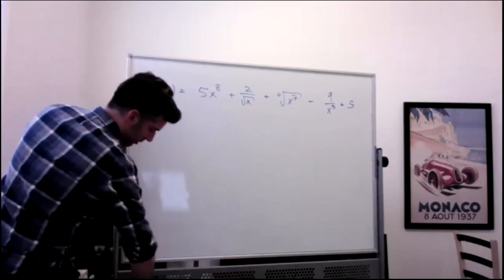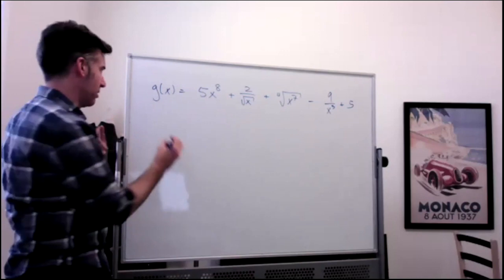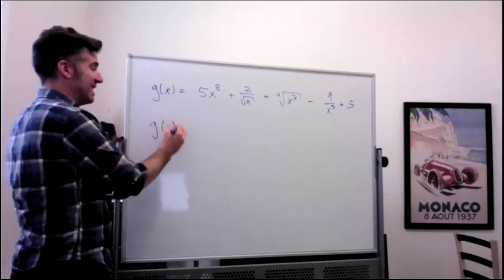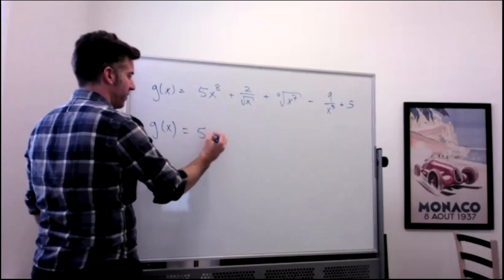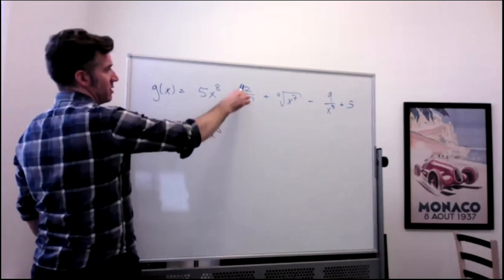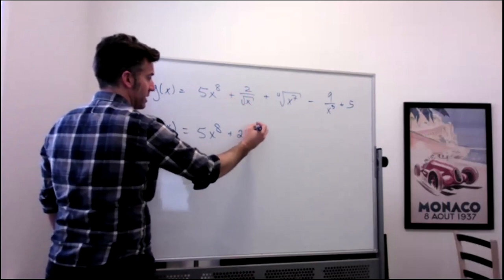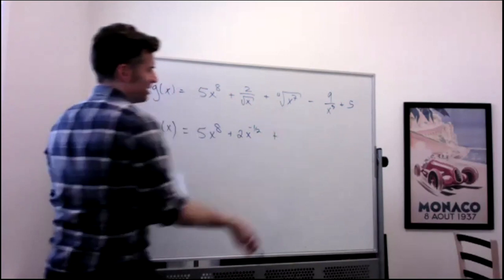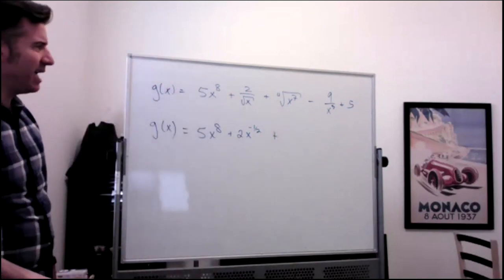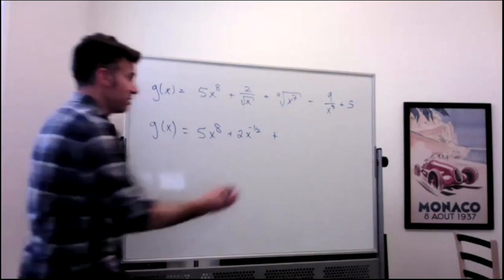So let's just simplify. If we're just simplifying, it means we're not actually changing anything. So it's still the function. It's not the derivative yet. So it's still 5x to the 8th. This is going to be 2 over x to the 1/2, or 2 times x to the negative 1/2. This is going to be x to the 7th to the 1/4, which is x to the 7/4.